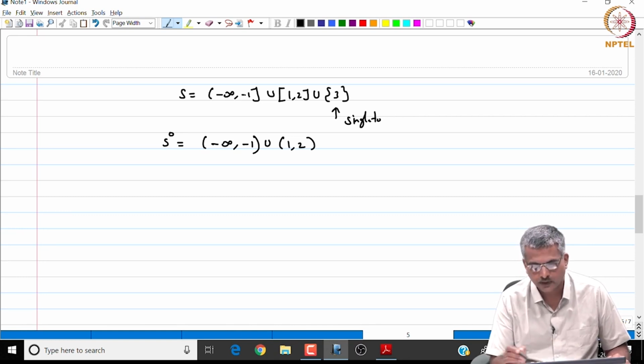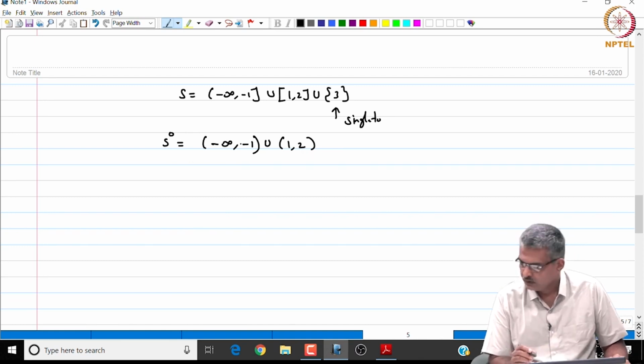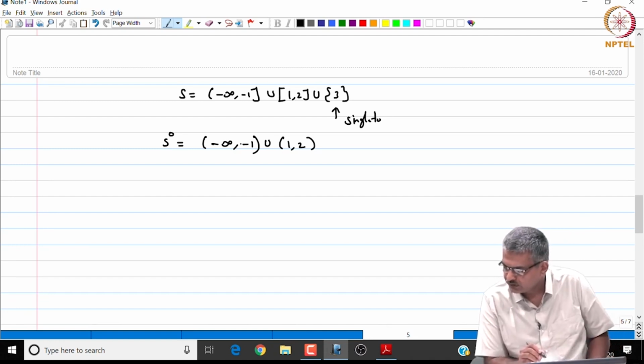You remove them by making it an open set, and we denote open intervals by round brackets. What about the S closure?